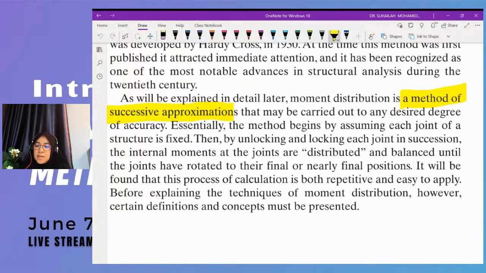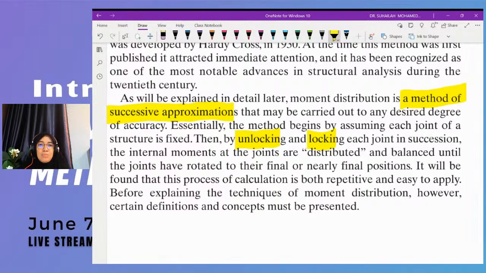The process in the table includes unlocking and locking each joint in succession. When we apply fixed end moment, we assume that both ends are fixed, and then we distribute the moment, and after that we carry over the value. So the process behind that is unlocking and locking each joint in succession.